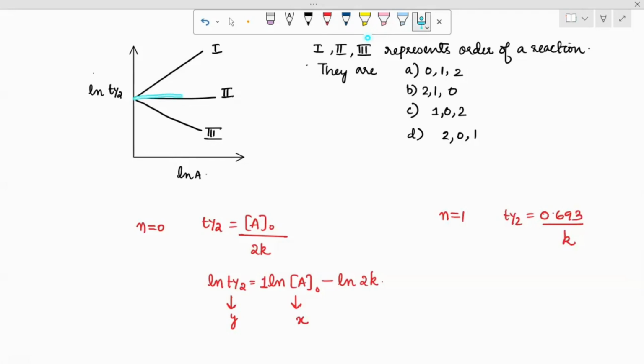Ln T half does not change with the value of ln initial concentration. It's straight. It does not depend at all. So this is going to be the kinetics for first order reaction. 2 is going to match with 1 for sure. So it's not option C, it's not option D.